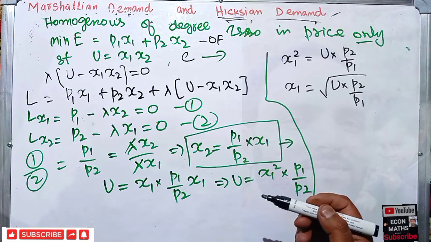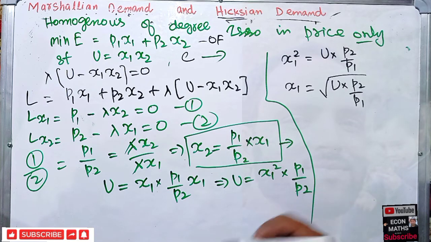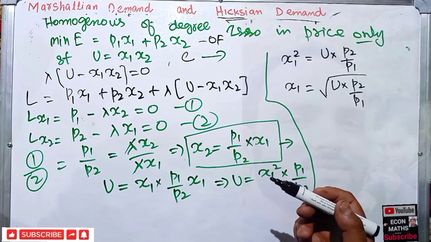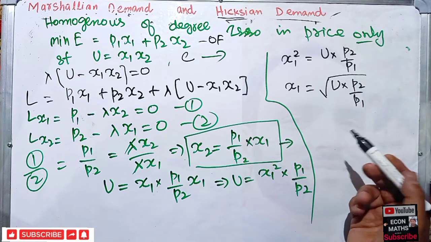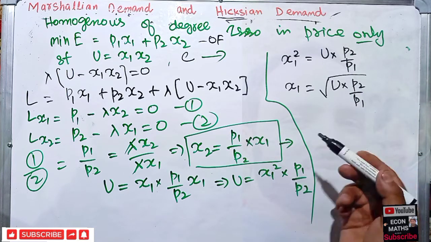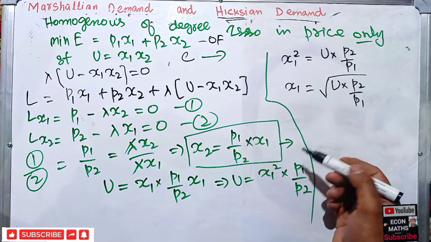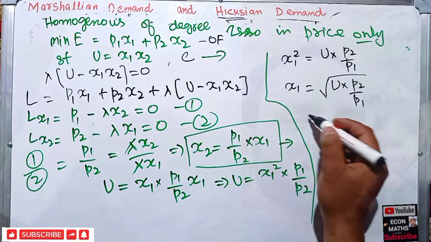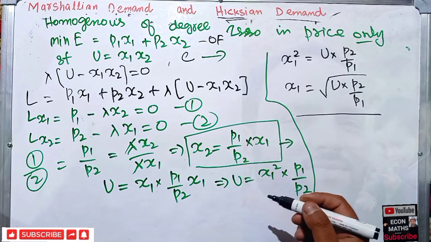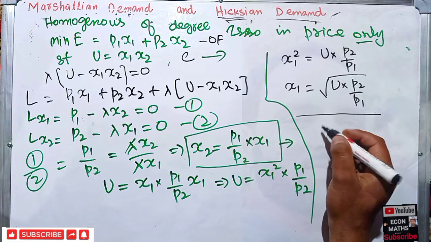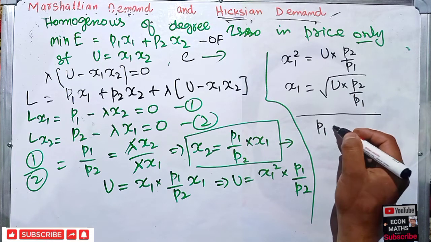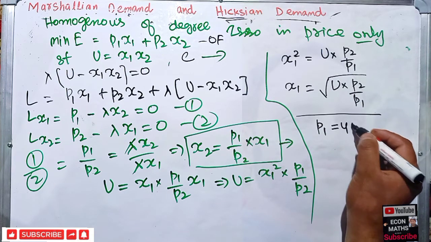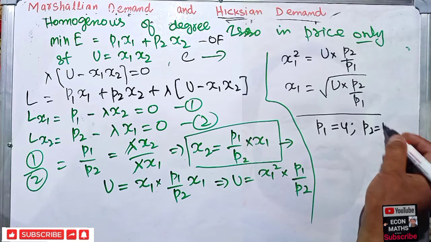Now homogeneous of degree 0 in prices means that if we change the prices in the same proportion, demand will not change, demand will remain the same. Let us say we are given price of good 1 is 4, price of good 2 is 16.